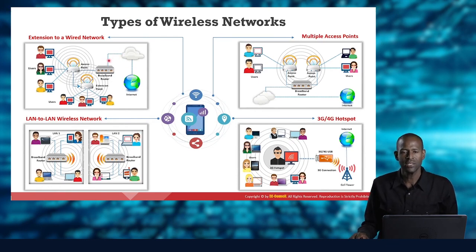I have a nice wired network, but I want other wireless clients to be able to use the network. How do I do that? Use Wi-Fi access points. I can use multiple access points. I can use access points in different hallways and on different floors of buildings. If there is not enough of a signal, I can connect two local area networks together. I can use hotspots. There are so many different ways to put together wireless networks.